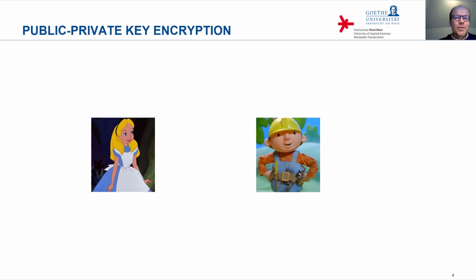First of all, I'd like to introduce two characters that are very familiar in communication problems and information theory and cryptology, Alice and Bob. And I found here Alice in Wonderland and Bob the Builder. They are our two characters, and they would like to communicate with each other.